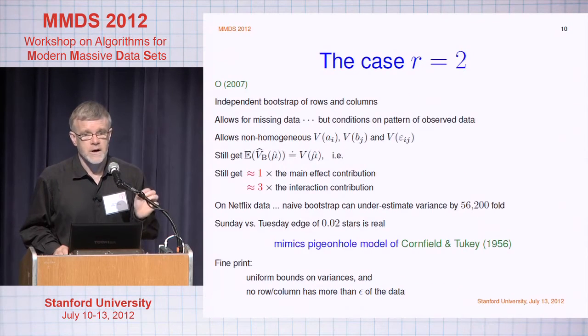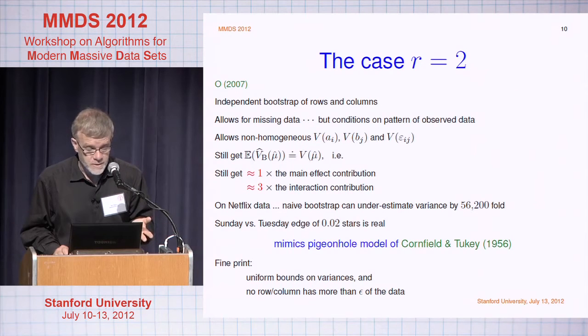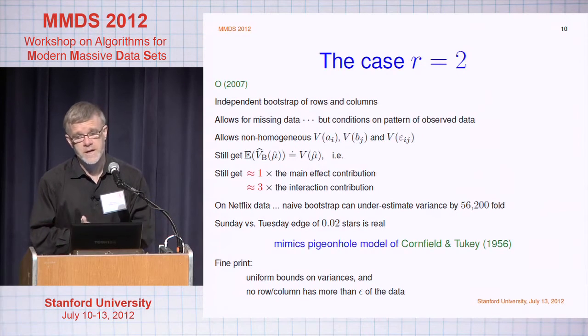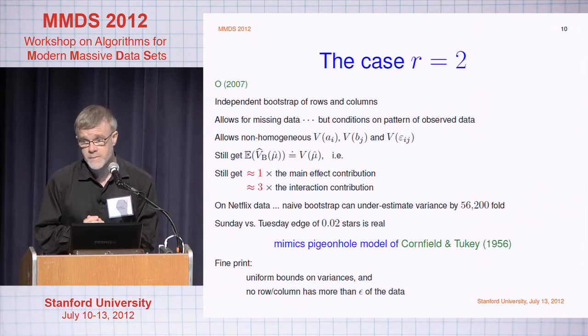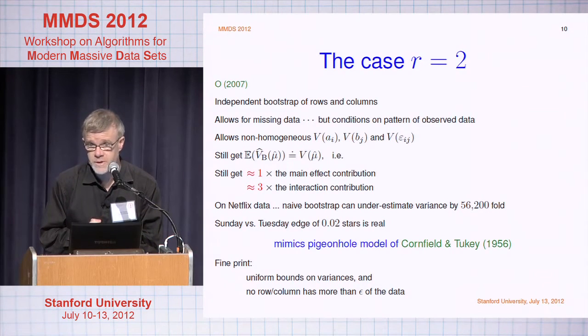In the case of R equals 2, I have an older paper where I worked this out, and this product bootstrap allows for missing data. Like the Netflix data is 99% missing. That's not really a serious problem. And you could have every movie have its own different variance, and every customer have their own different variance. And indeed, the customers in that data set are quite different from each other.